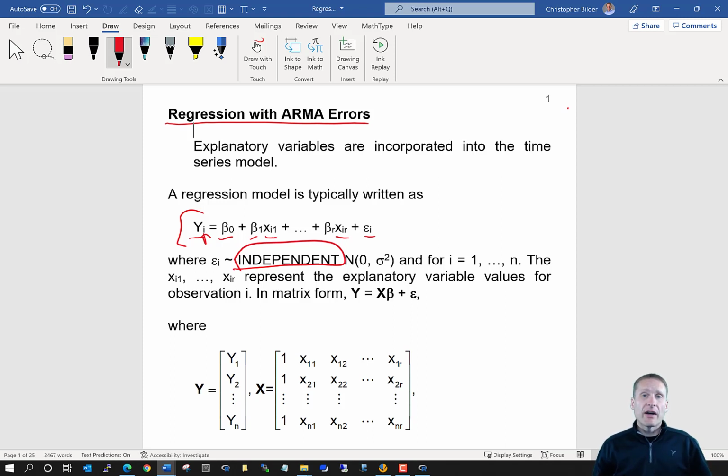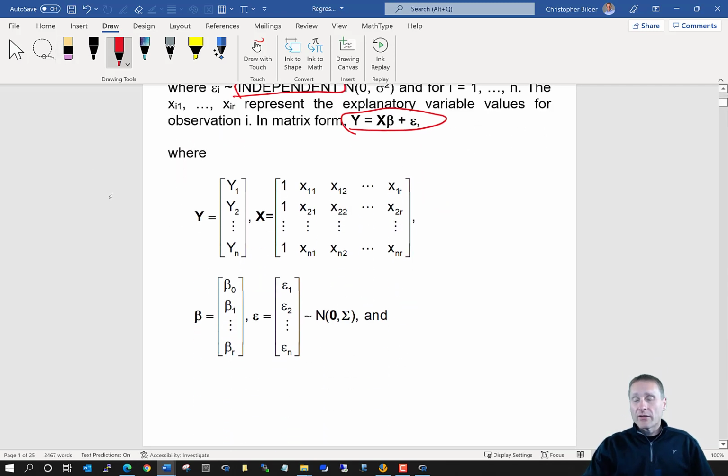So we take a sample size of n. And we can put all this stuff into a matrix form, such as y is equal to x times beta plus epsilon. So y is a vector of all of our y variables. X is what's often referred to as a design matrix, where we have a leading column of ones, and we have the corresponding variable values for x1 through xr written in it.